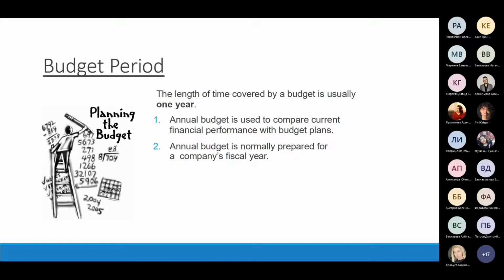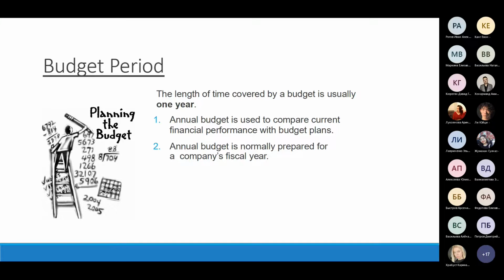And they do not simply split the budget between different quarters, but really create a fresh budget each quarter. But these approaches are not very common. Actually, the budgeting period is 1 year, and the annual budget is used to compare current financial performance with budget plans.